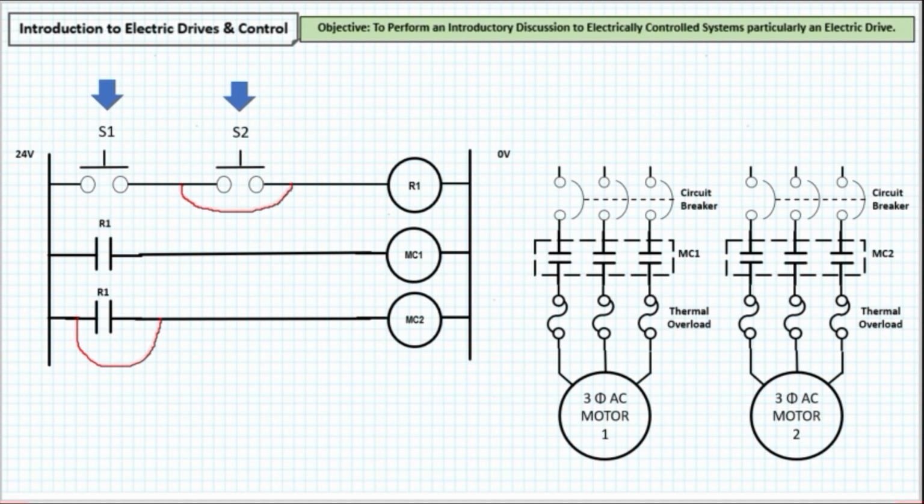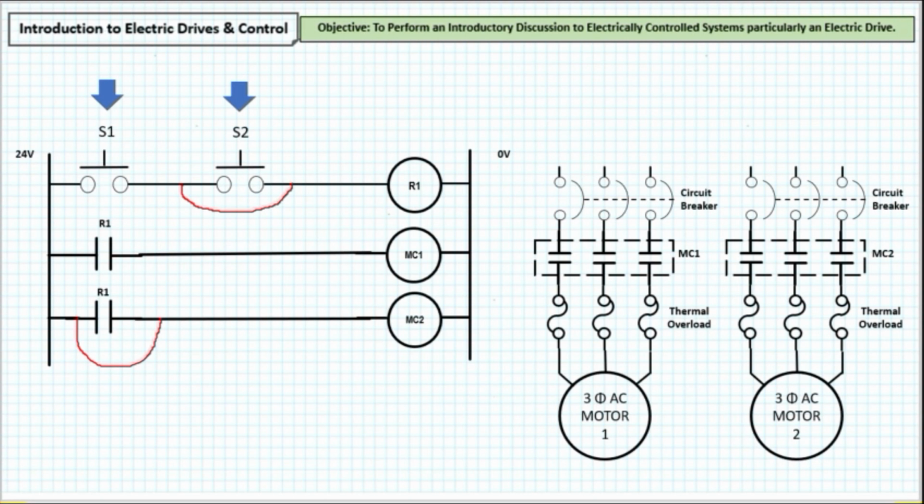Usually, nangyayari ito sa mga processes, nagkakaroon ng bypass. So, pag nagkaroon ng bypass, tulad nitong jumper wire na to, hindi masusunod yun, mababaliwala yung S2. So, imbis na yung safety sana ng operator ay ma-check or ma-maintain, hindi ma-maintain because kahit isang push button lang pindutin natin, gagana na siya. Okay?